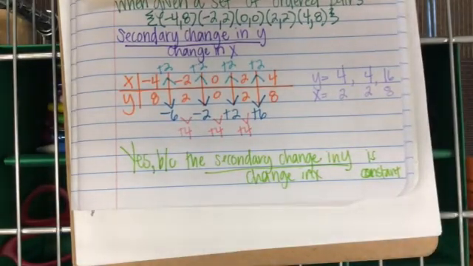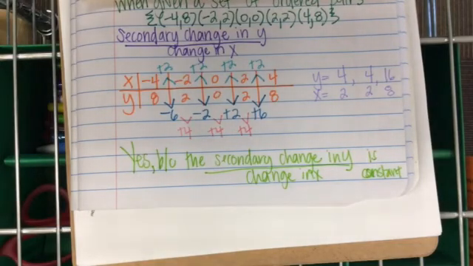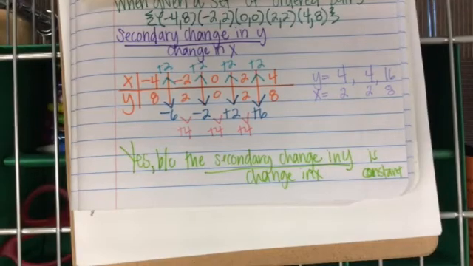Would you say no? I'll tell you now, the answer is yes. That is quadratic. Why is a change of 4 over 2, 4 over 2, and 16 over 8 quadratic?